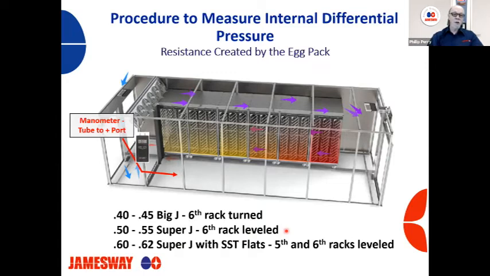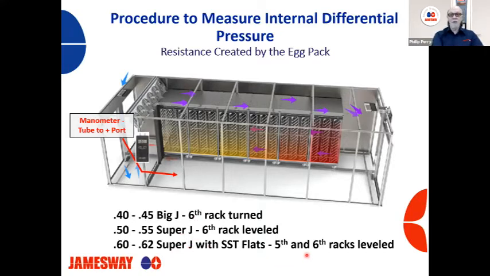We may do another presentation on optimizing egg setting, and we'll discuss that a little bit more. If you're having to level the 5th rack to reduce heat in that cabinet, there's something else causing that problem. And then for the SST flat, we have a lot more resistance, so we'll take a reading between a 0.60 and 0.62, if all the seals and everything are working properly.